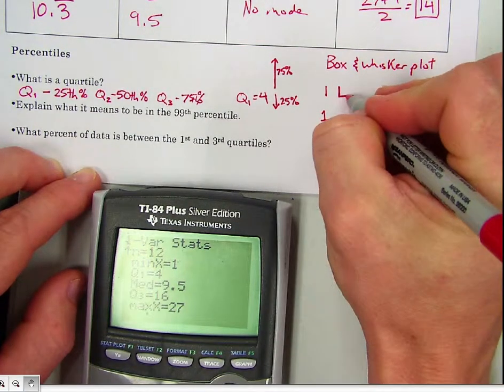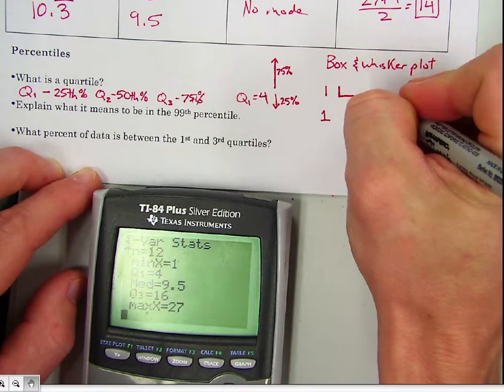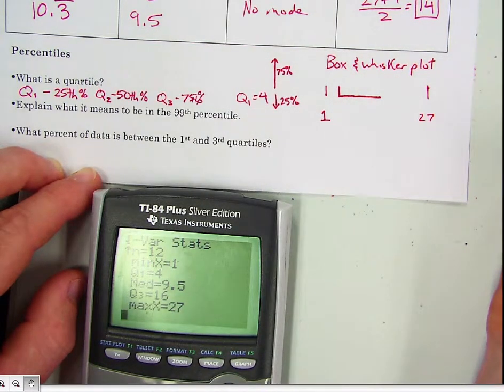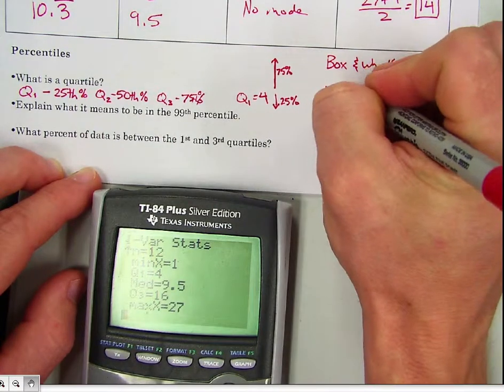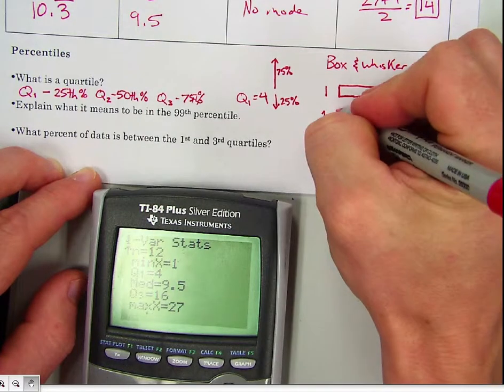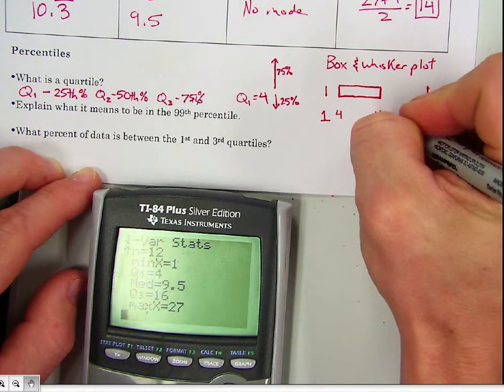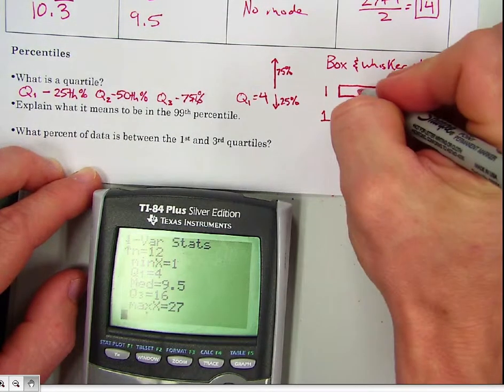And then it's going to go up to the third quartile, which is at 16. It's a little more than halfway. Okay, so there's the number 4, there's 16. Then it's also going to show a line for our median at 9.5.